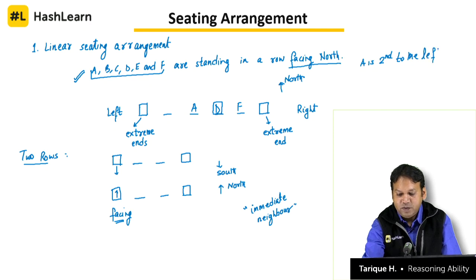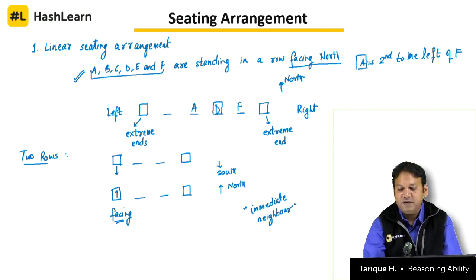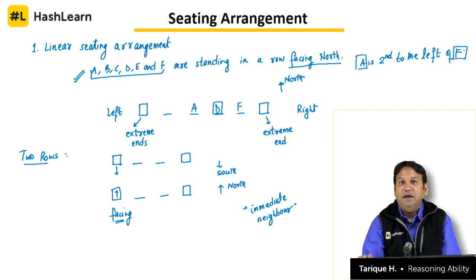So what we should know is that the position of A is given to you, with respect to F's position, not the other way around.